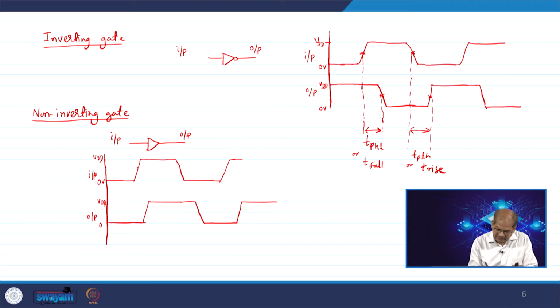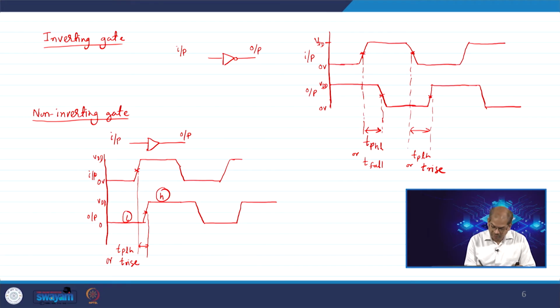So this 50% to this 50% is called TP low to high, because this is low, this is high, or you can say T rise.